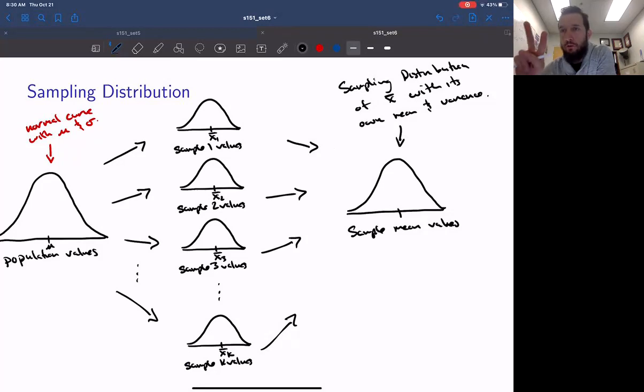So the next two illustrations are very simple examples that describe how the mean and the variance of the sampling distribution behave.